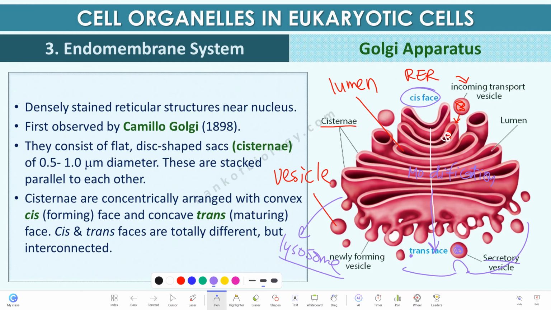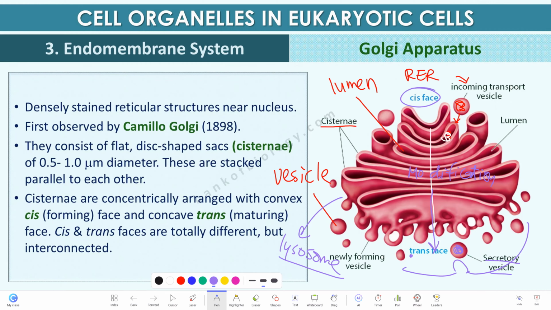It's packed in what? Vesicle and released outside at the trans phase. Good. So another function of Golgi, lysosome. Try. Say the structure first.